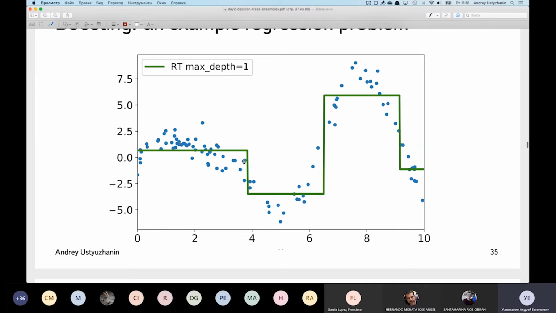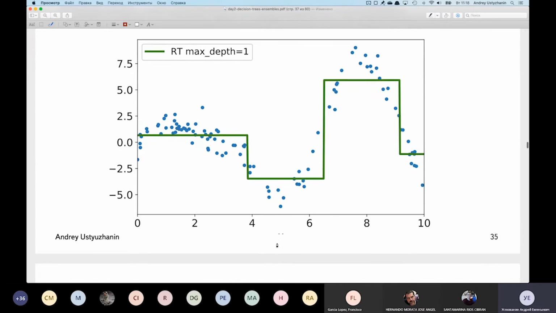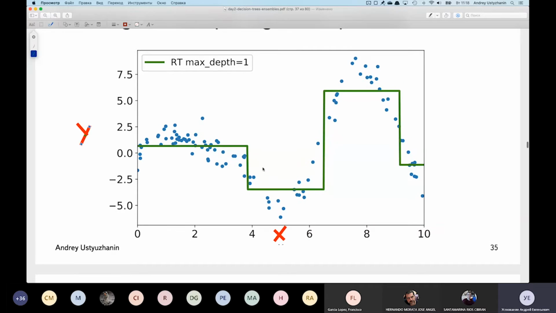They make a split over the horizontal axis at some point. So we have the feature X here, and this is the ground truth label.